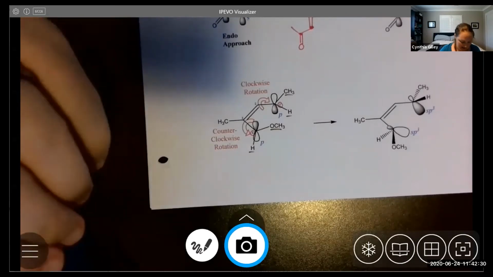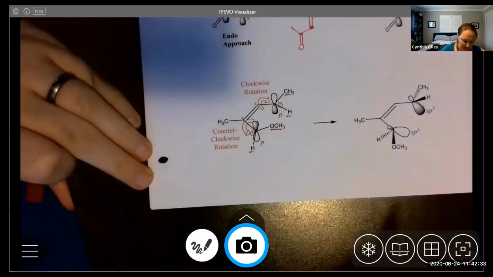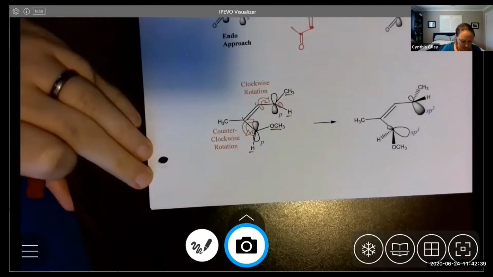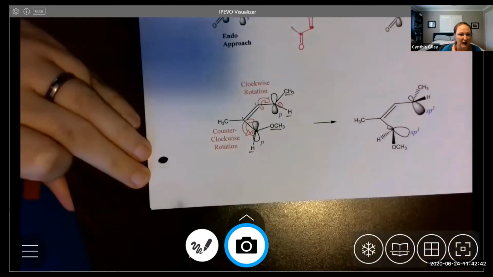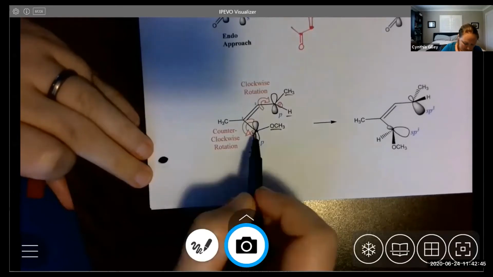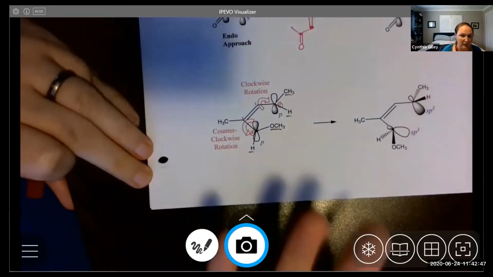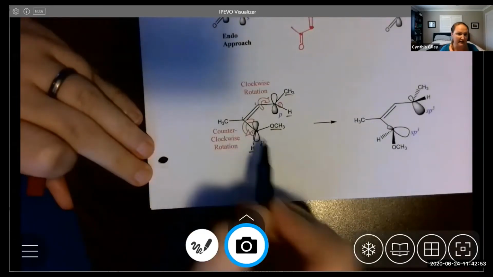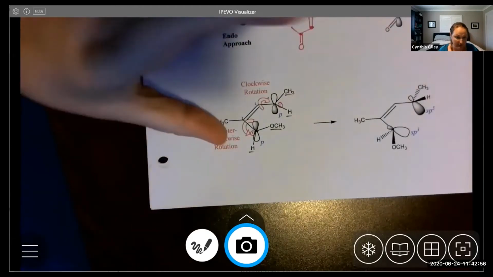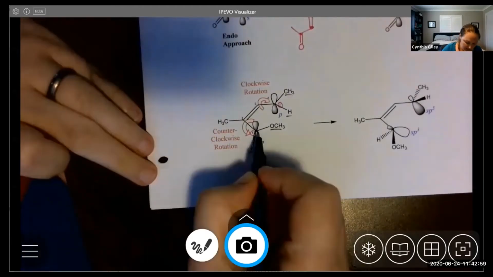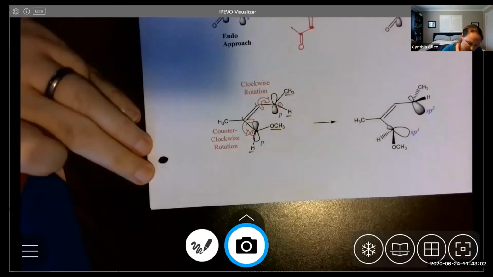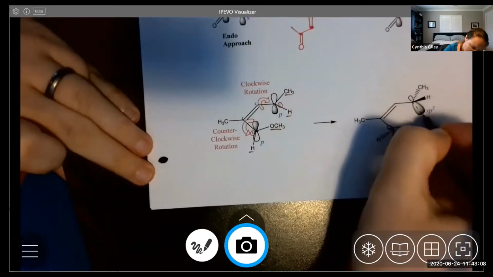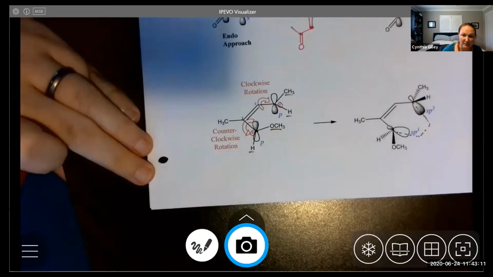You need to know what to do with it. So as these p orbitals become sp3 hybridized orbitals, this is trigonal planar and this is a tetrahedron. So they go through a change. And the p orbital essentially elongates on the side because of the orbital overlap. But this C3-C4 bond undergoes a counterclockwise rotation because this p orbital, which is right now pointing up and down, needs to rotate to pointing to this direction because it's going to be part of a sigma bond that completes the 6-member ring.